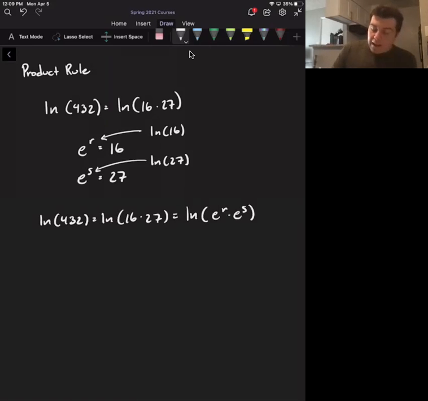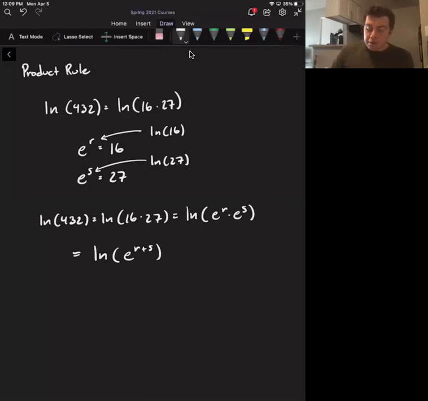All right, and now we have two exponentials with the same base multiplied together. Our properties of exponentials tell us that we get to add the powers together. So we get ln of e to the r plus s. Now we're in great shape. Pause the video and see if you can figure out what the next step is going to be.